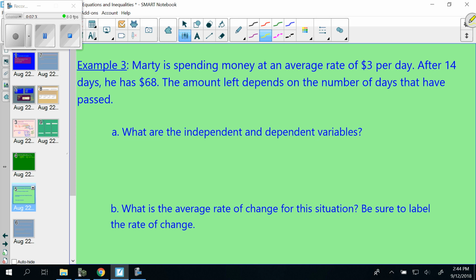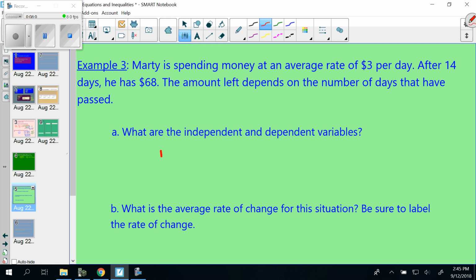Okay, example 3. Marty is spending money at the average rate of $3 per day. After 14 days, he has $68 left. The amount left depends on the number of days that have passed. What are the independent and dependent variables? Remember, independent is like your input, what changes.